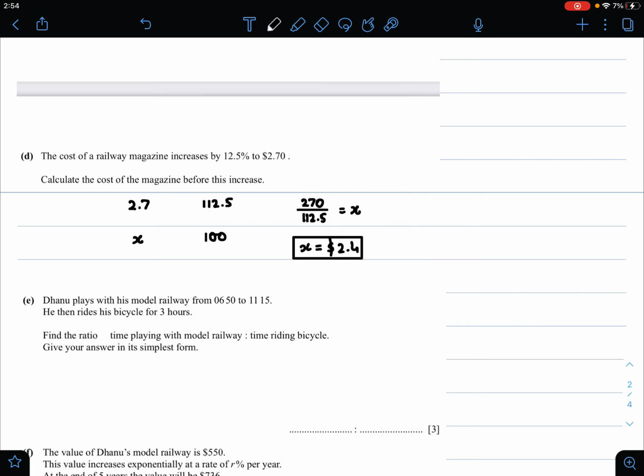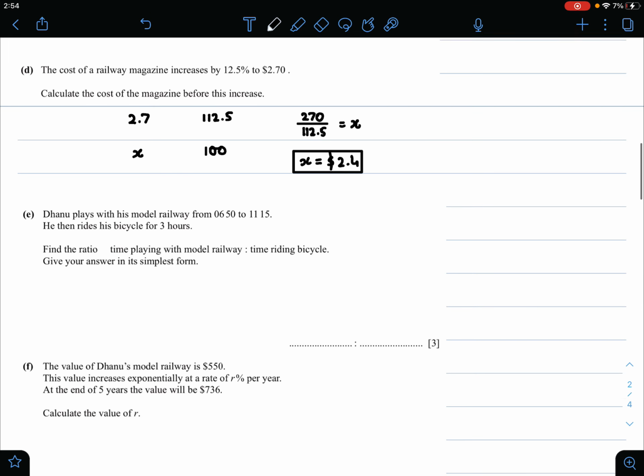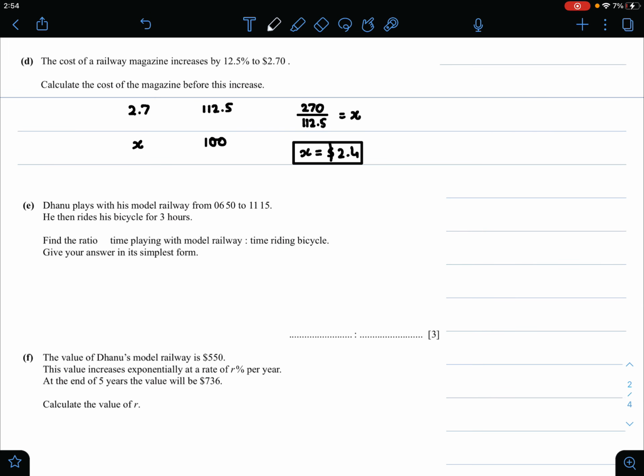Now let's move to part E of the question, where they are telling us that Dhanu plays with his model railway from 6:50 in the morning to 11:15 in the morning. He then rides his bicycle for 3 hours.